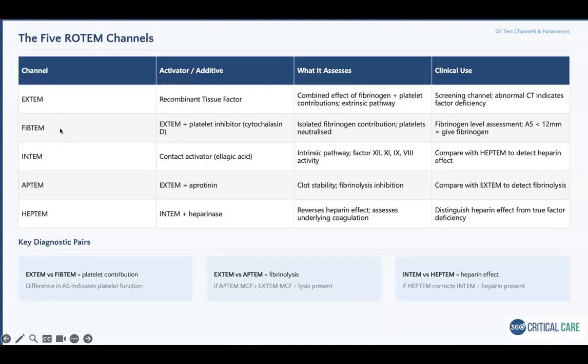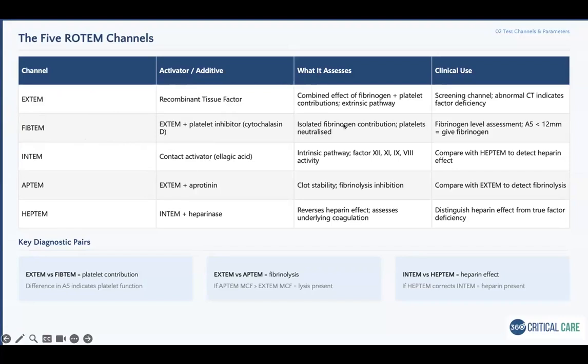The FIBTEM looks at the fibrinogen. In this case, into the EXTEM channel, you add a platelet inhibitor, cytochalasin D, so that you take away the function of the platelets, and whatever is happening is because of only fibrinogen.